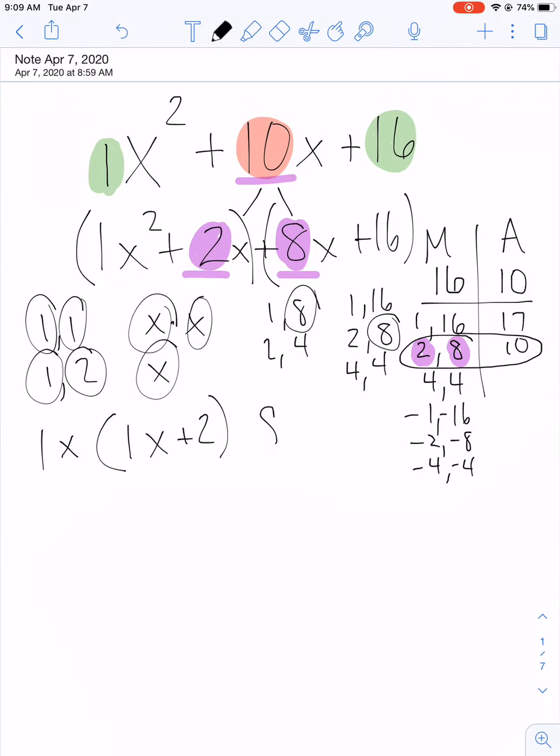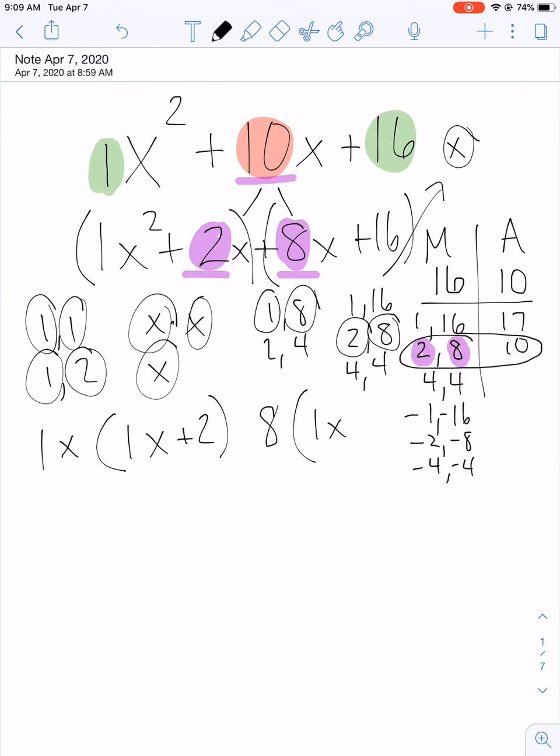So now I've got an 8 on the outside. But now I've got to deal with the x. Well, this is just, let's put it over here. Sorry, I ran out of room. So I've got x, but this has nothing. So I can't take anything out of that. So what do I have left over? Well, 1, x, and 2.